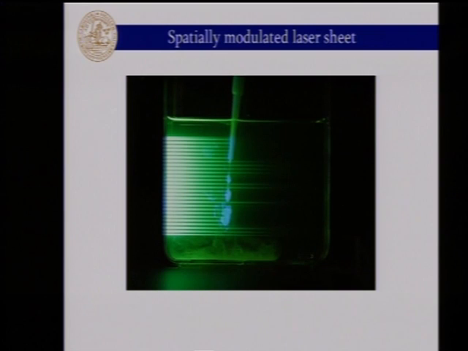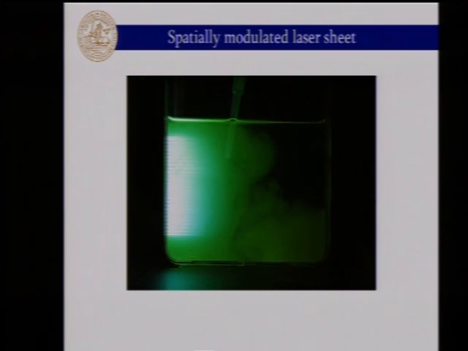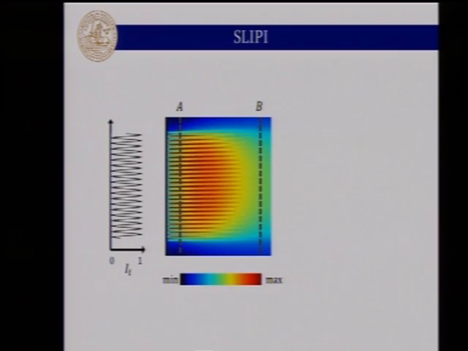Then let's put some scattering particles in this medium. And then we will look at this area and try to analyze what's happening to this modulation pattern. So we send a modulation that goes from 0 to maximum intensity.